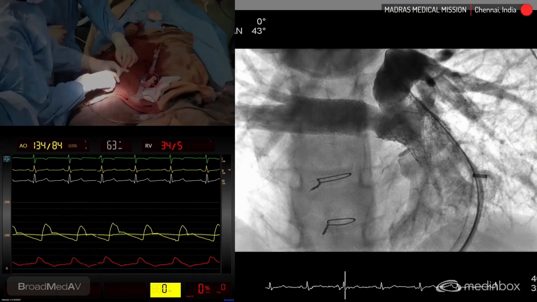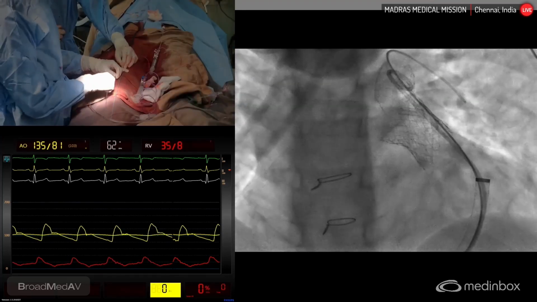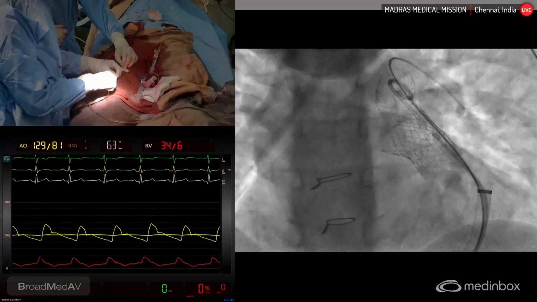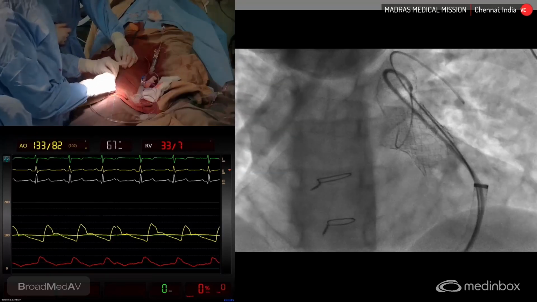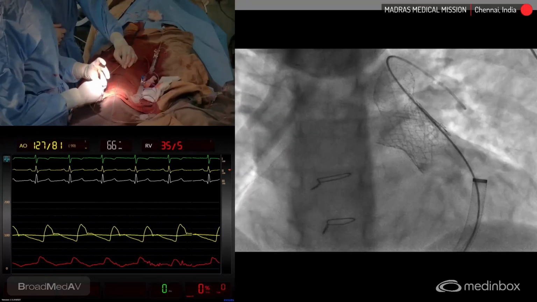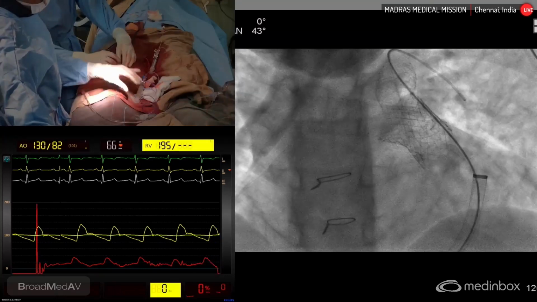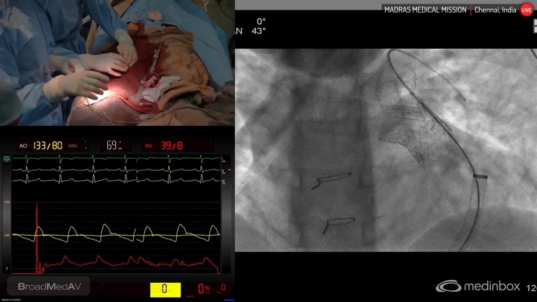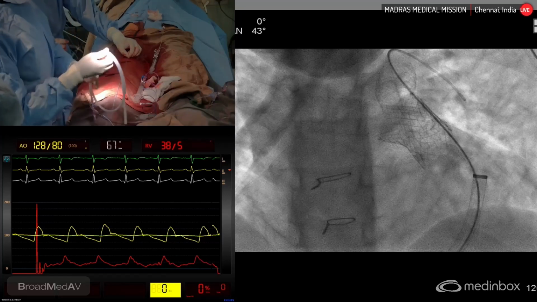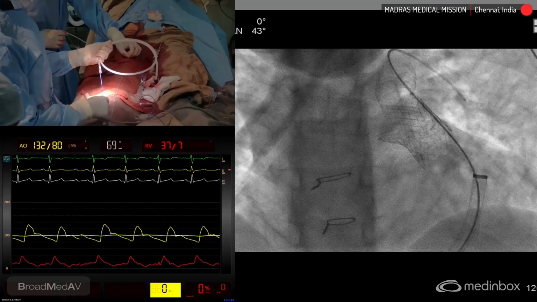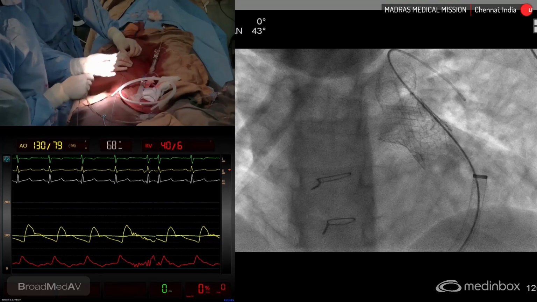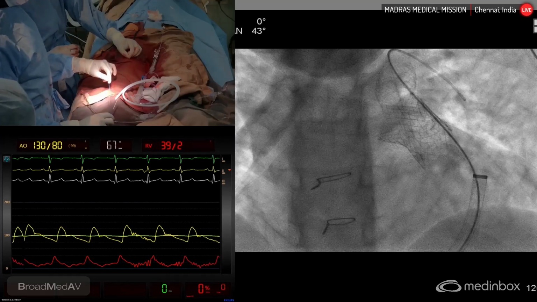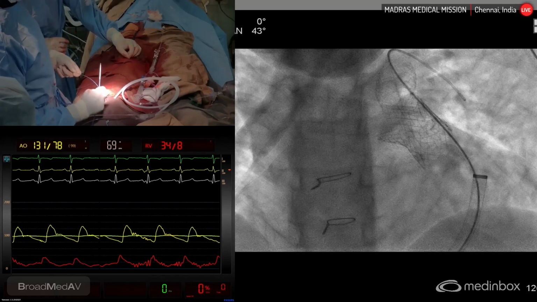Can we get a 20? So this is a 20 Atlas Gold that targets primarily the lower part of the stent.